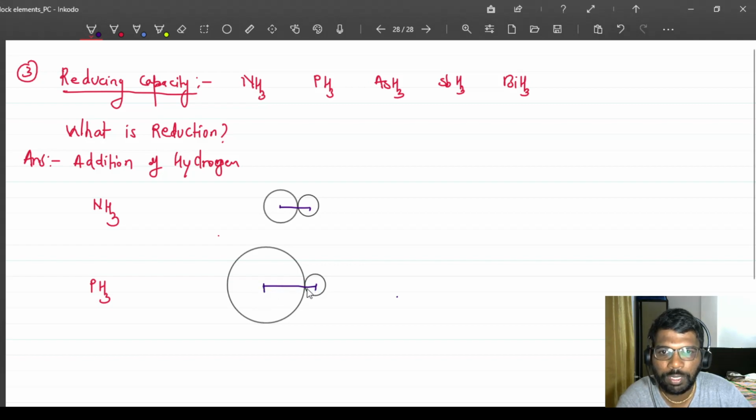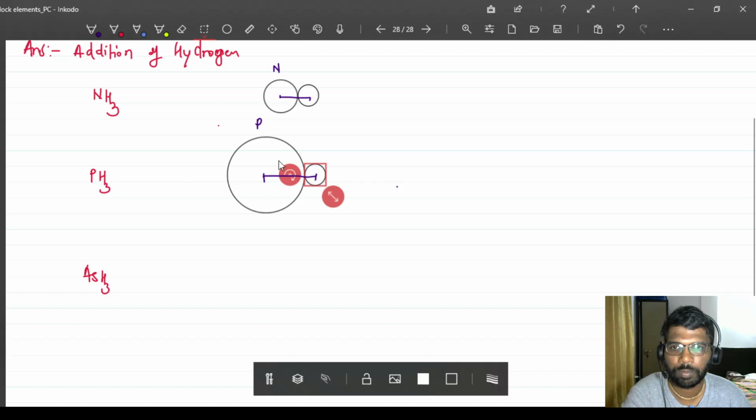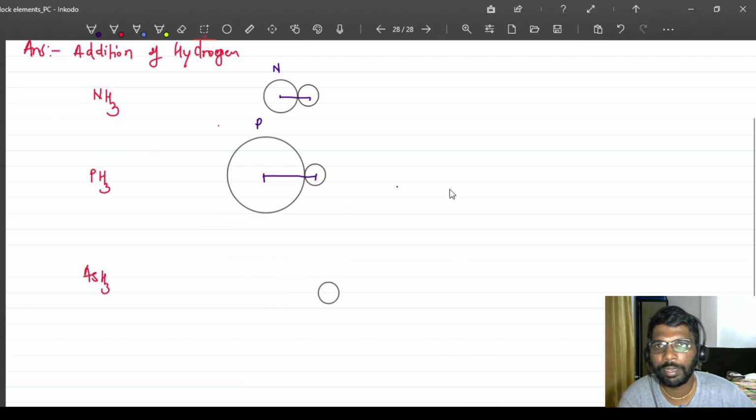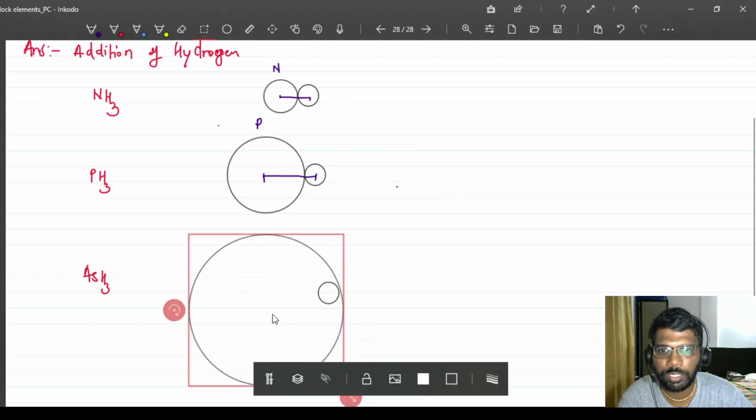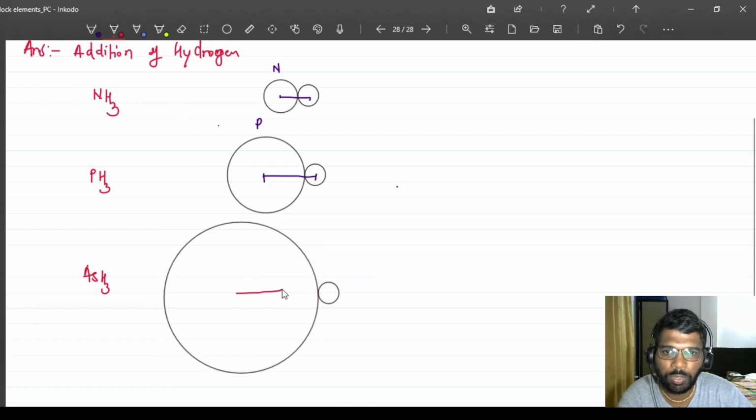The bond length is the distance between the two nuclei. This is a nitrogen atom, this is phosphorus. As we go down the group, to AsH3, the atom is still bigger, and this is how the bond length is increasing.